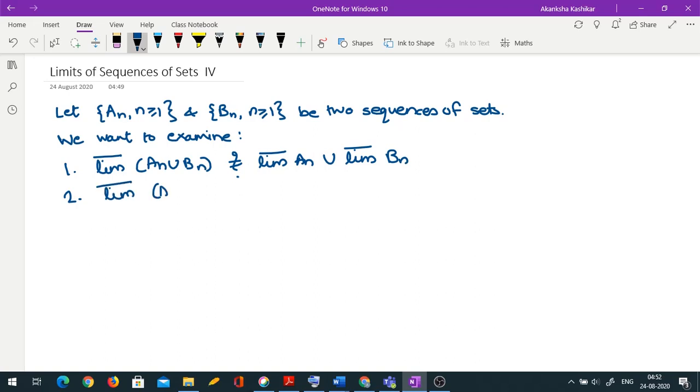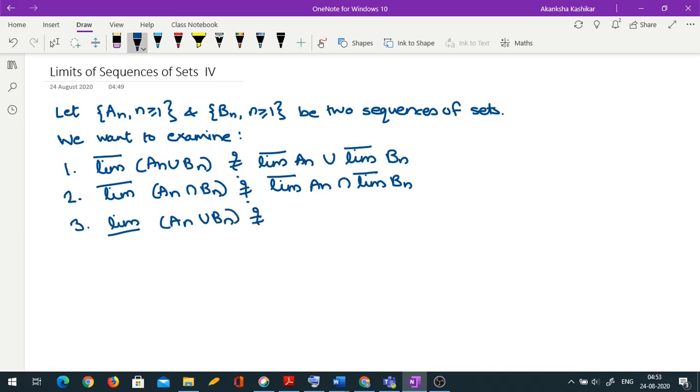Secondly, lim sup of An intersection Bn, can I say it is the same as lim sup of An intersection lim sup of Bn? Then can I say similar results are true for lim inf? So lim inf of An union Bn, is it equal to lim inf of An union lim inf of Bn?